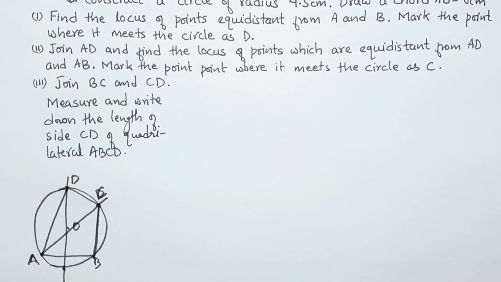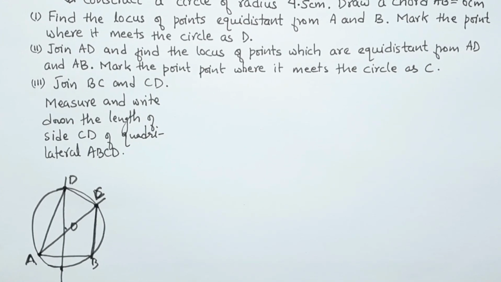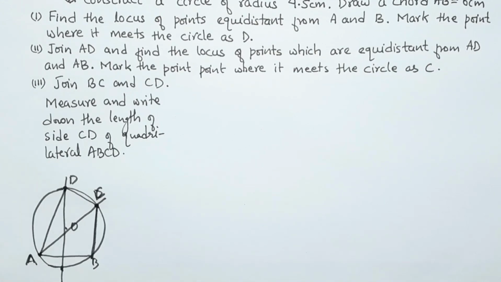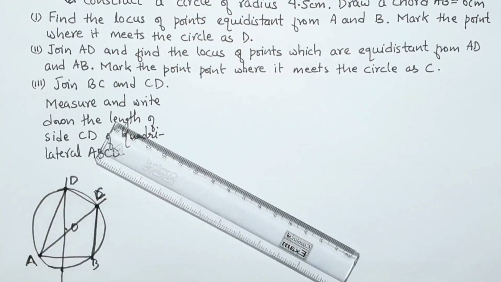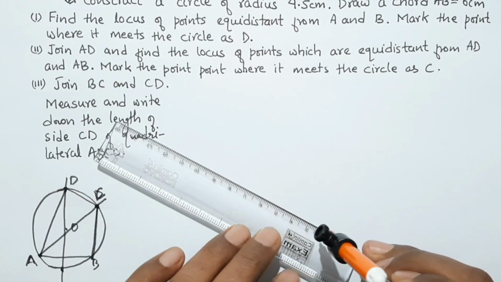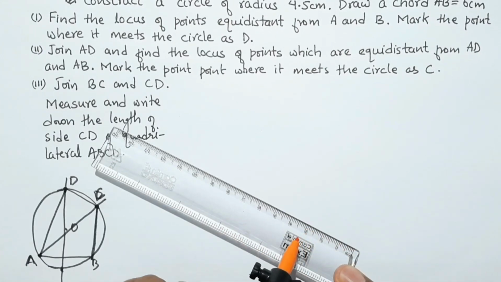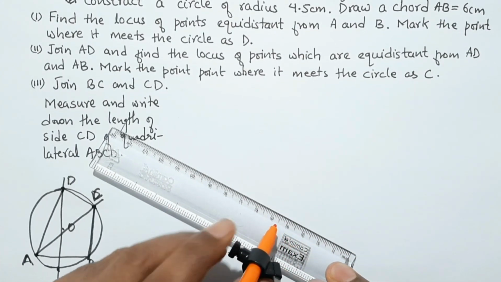Okay, so let's start. First we are going to draw a circle of radius 4.5 centimeter. Now let us measure 4.5 centimeter from the scale. So this is our 4.5 centimeter.